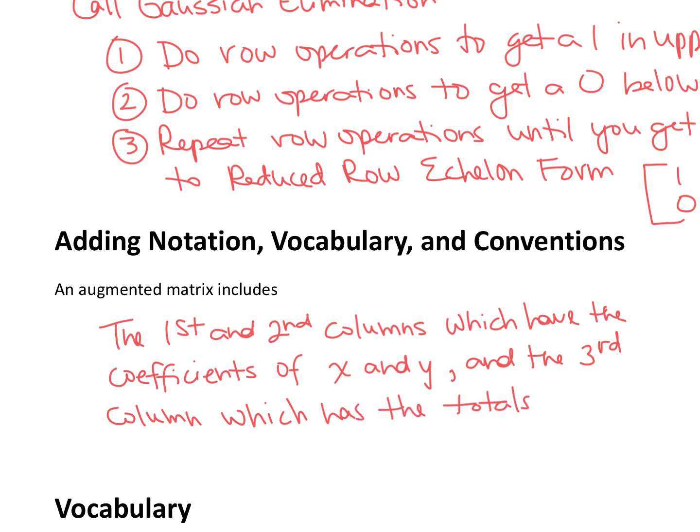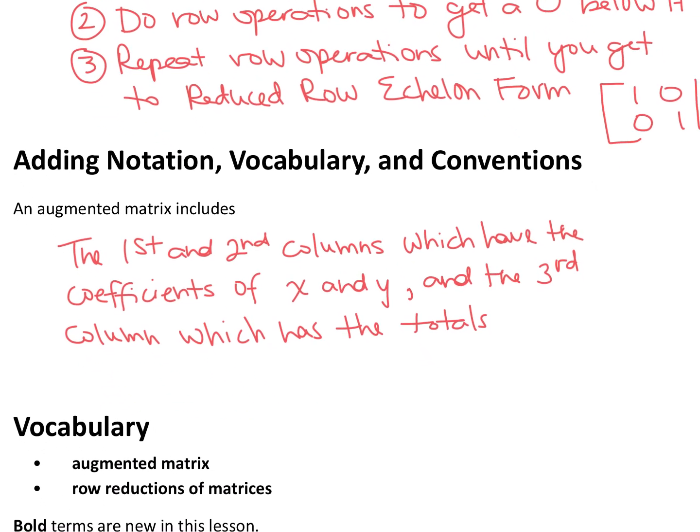And I'll do an example right here so that it's right here in your takeaways.